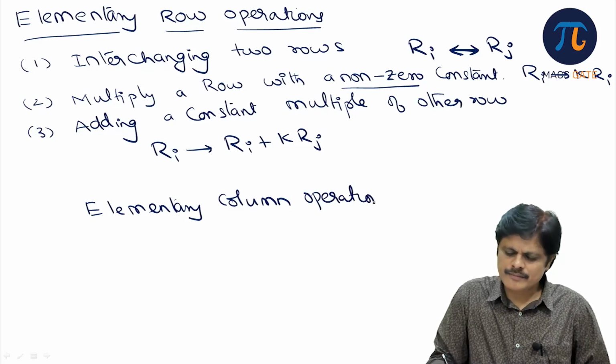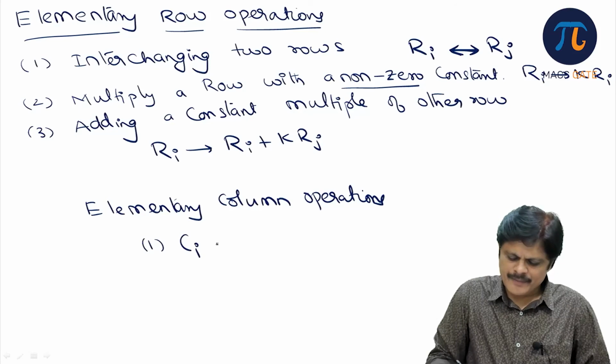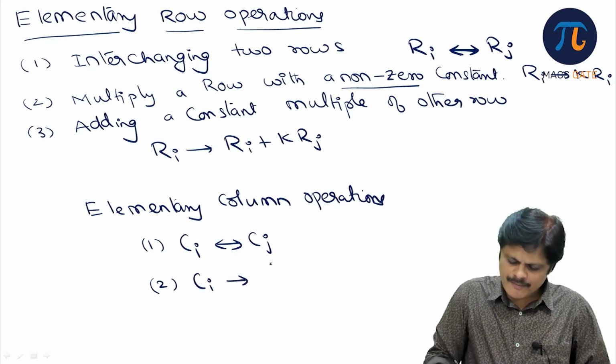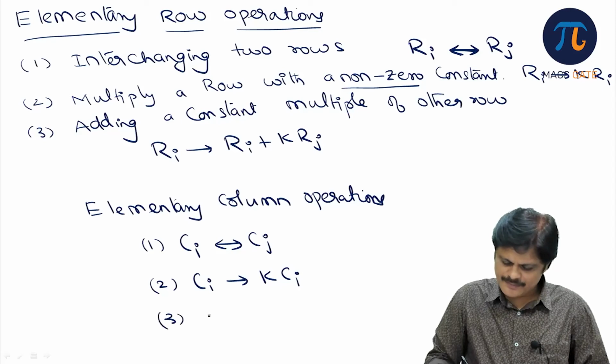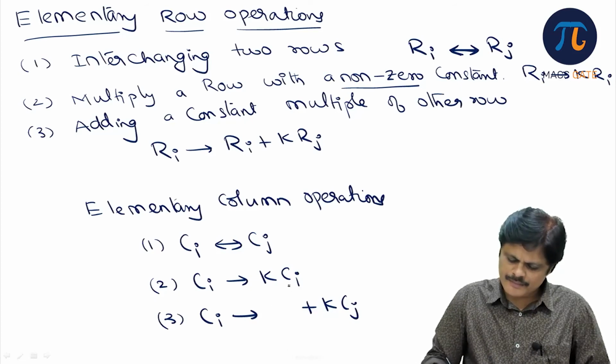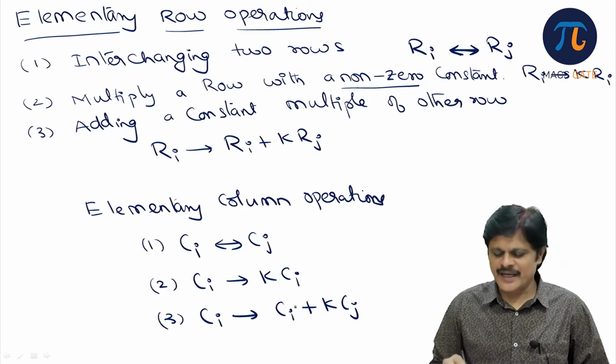The first one is interchanging two columns, multiply a column with a non-zero constant, adding a constant multiple of another column to a given column.